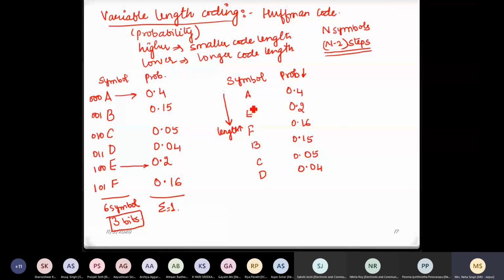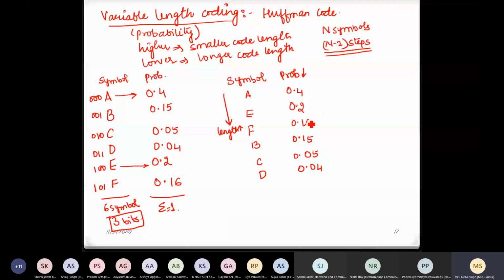But in real time, if I have all 26 symbols of the alphabet, then I'll need 24 steps to code them. If I talk about colors, I have 256 colors, 256 gray shades, so I need 254 steps to encode them. So the greater the number of symbols, the longer the time required for coding. That is one of the limitations of Huffman code.